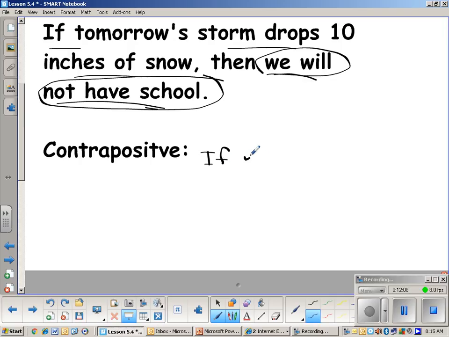if we will have school tomorrow, then what? If we move that to the beginning, what goes to the end?